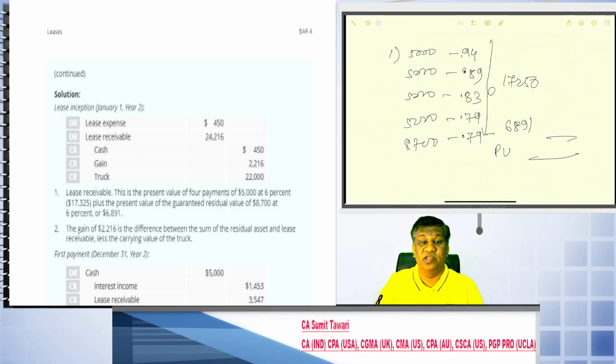So the gain of 2,216 is the difference between the lease receivable and the value of the asset.